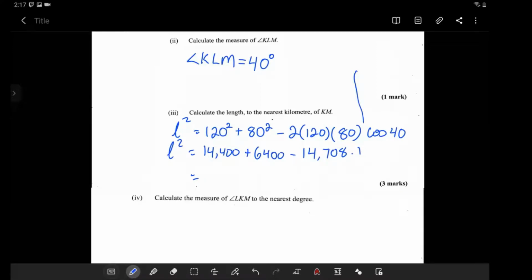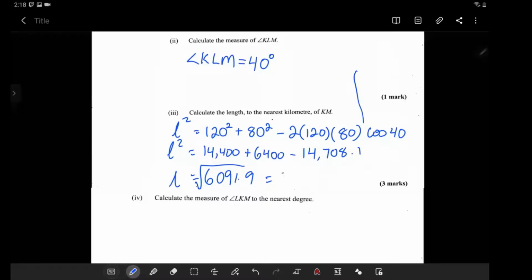And then you are subtracting 14,708.1 from that. So that will give you 6,091.9. So l will be the square root of that value, and remember we want our value to the nearest kilometer.